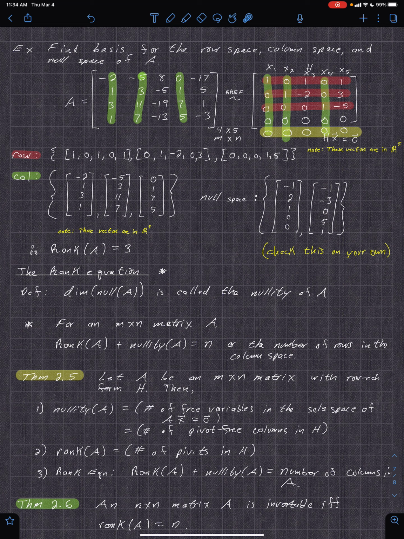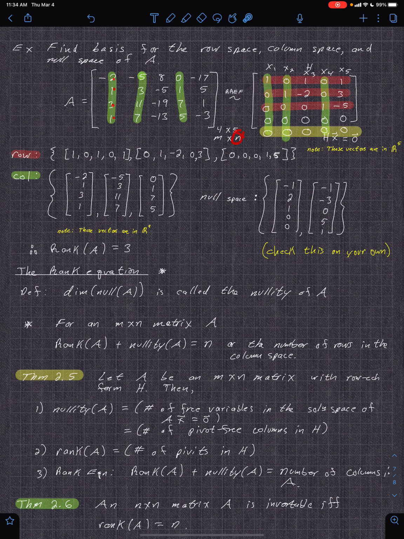So find the rank of A, we pretty much did that. Basis for the row space, we did that. Basis for the column space, did that. Basis for the null space, did that, although it didn't show it. We'll show it next time. And confirm the rank equation. So let's confirm the rank equation for this guy up here. This was 4 by 5, so n is 5.